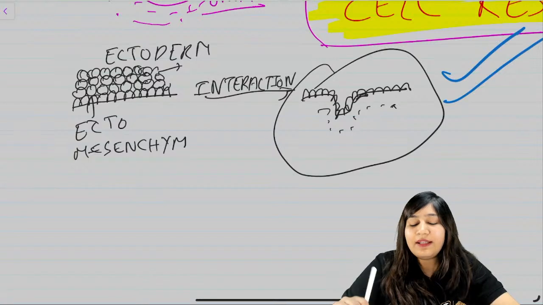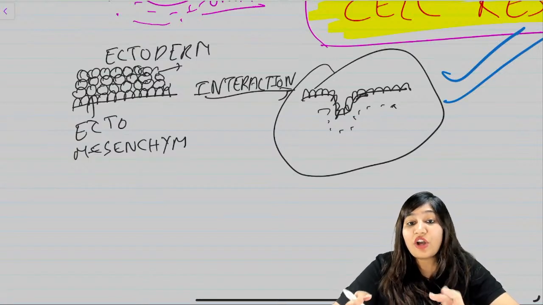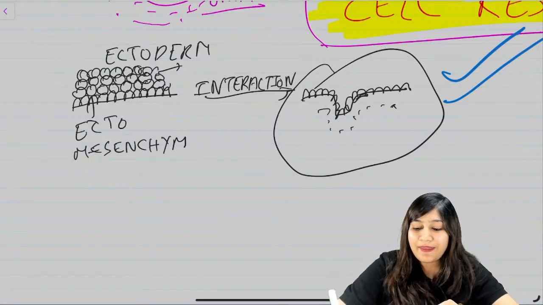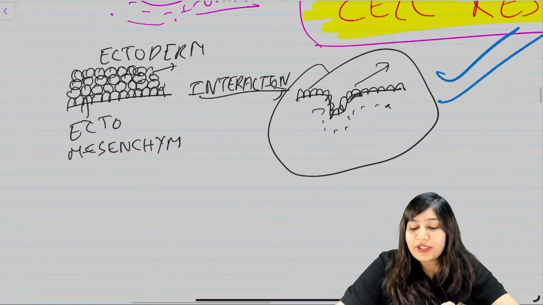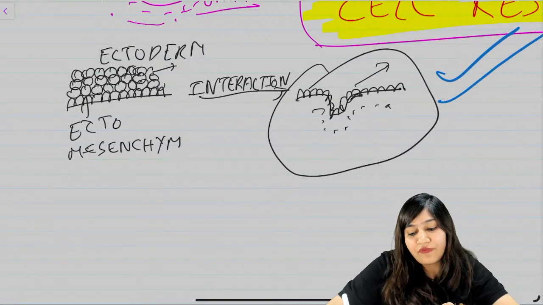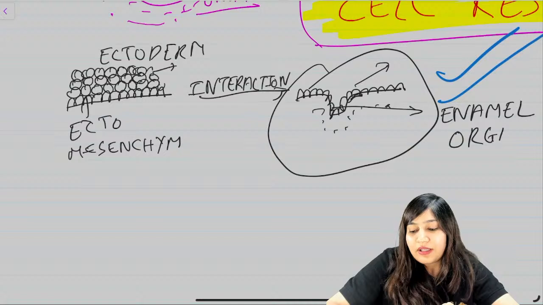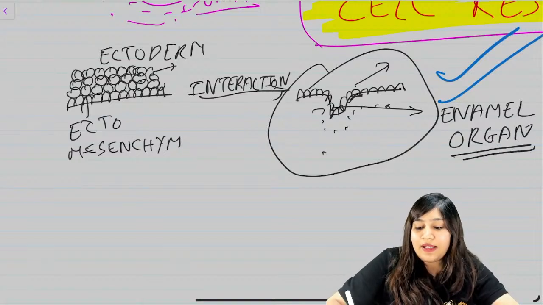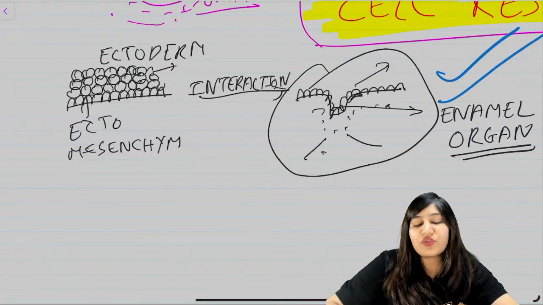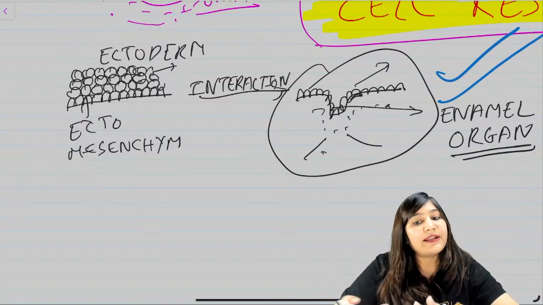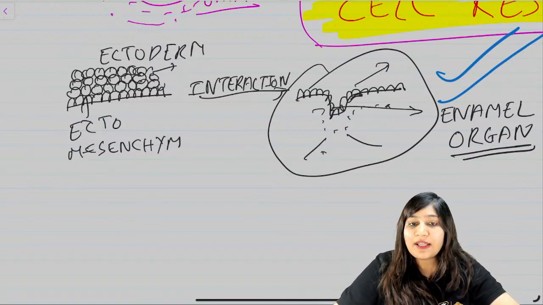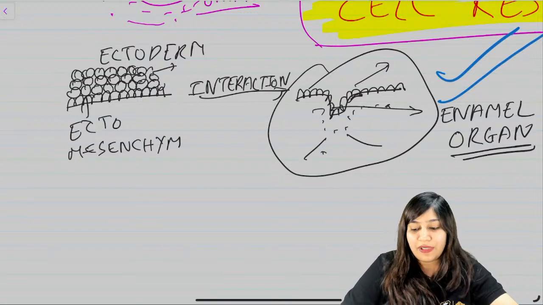So basically a tooth germ consists of 3 structures. Ectodermal portion, that is our enamel organ. Till now we have studied till enamel organ. And underlying ectomesenchyme, which will give rise to again 2 structures, that is dental papilla and dental sac, which we will be studying in later stages of tooth development.